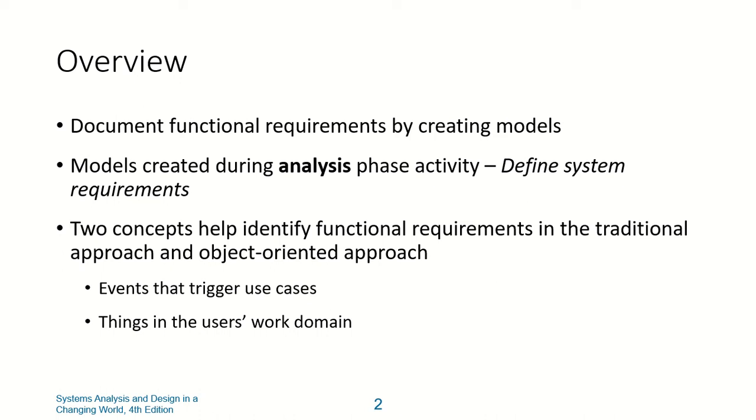Two concepts that will help identify functional requirements in the traditional approach and object-oriented approach are the events that trigger use cases and the things in the user's workstations. More detail will be given if you take your software engineering subject. But then again, I will try to discuss it since you don't have a systems analysis and design subject. Okay.